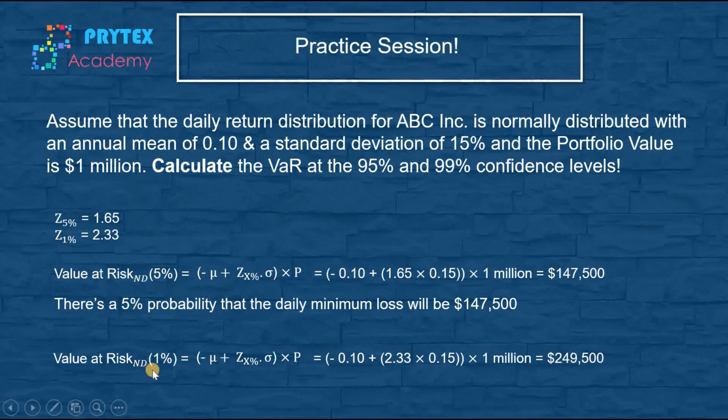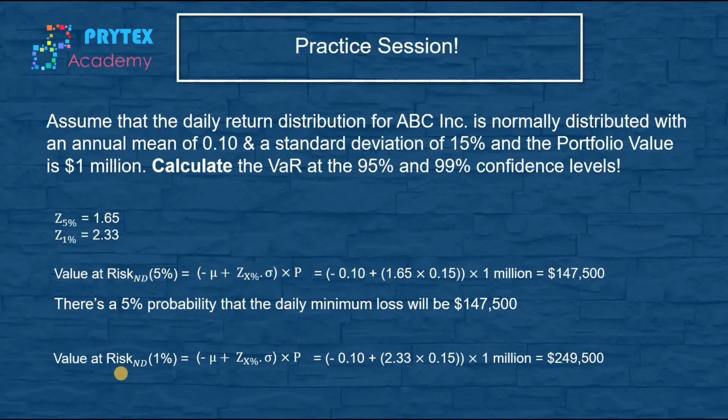So a value at risk at 1% significance of 249,500 US dollars means that there is a 1% probability that the daily minimum loss from this portfolio will be 249,500 US dollars. So this is how we quantify risk.